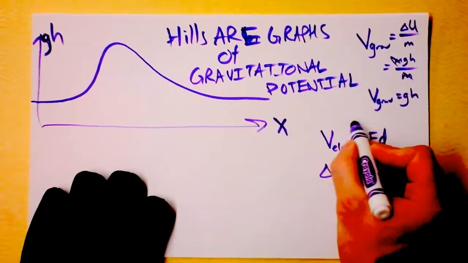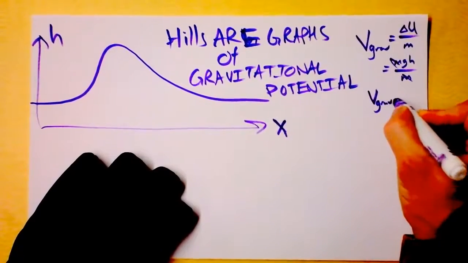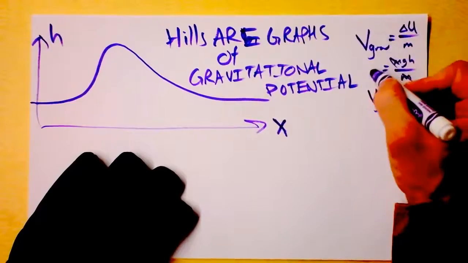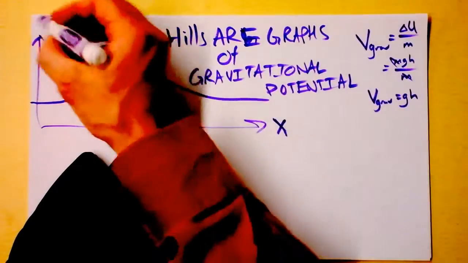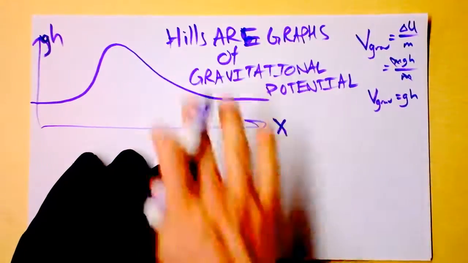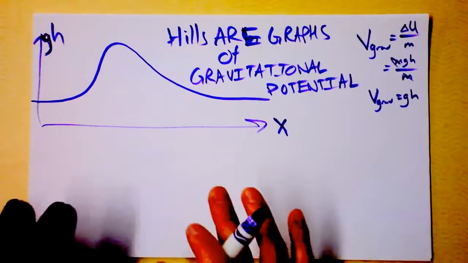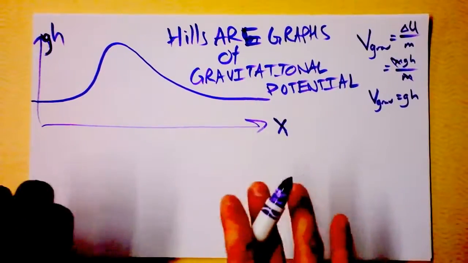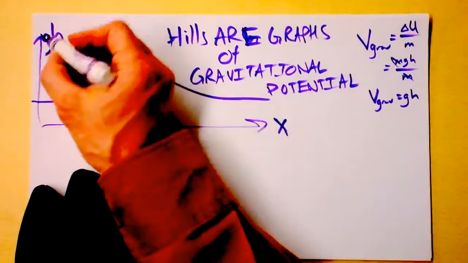That's why gravitational potential is simply g times h. I could rescale this by multiplying by g and nobody would notice. So a hill is a graph of gravitational potential, and that's all well and good for gravitational things, because it's also a graph of gravitational potential energy for all mass.